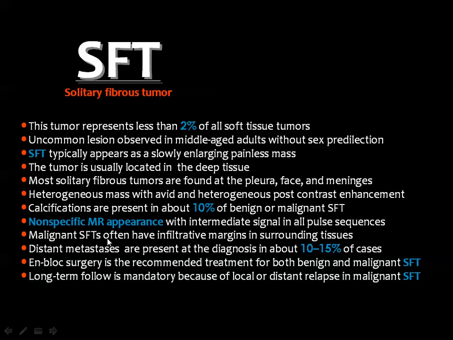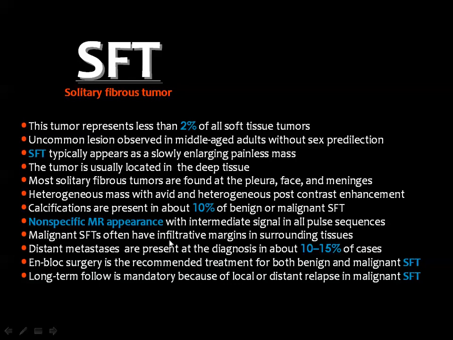Malignant soft tissue solitary fibrous tumor is previously known as the hemangiopericytoma, but there is some change in the names of the tumors, as I will mention in a moment.